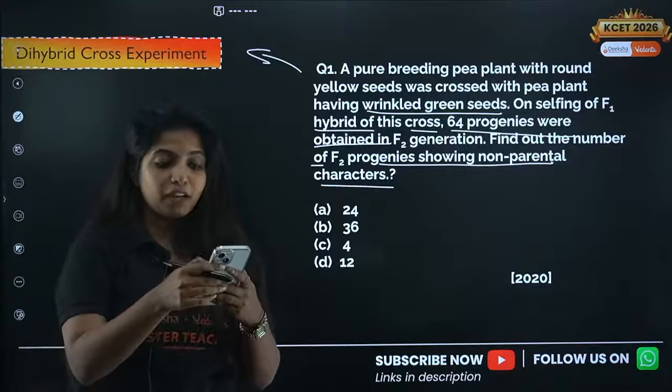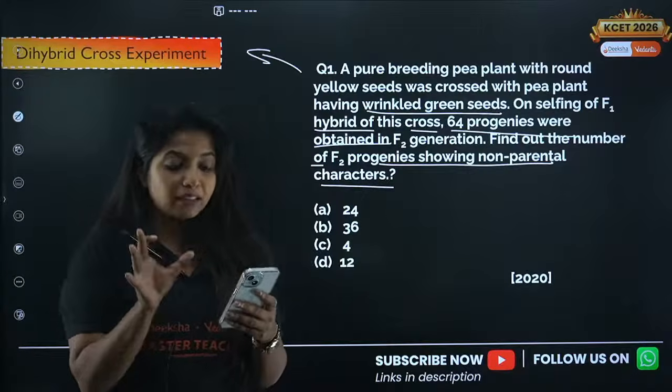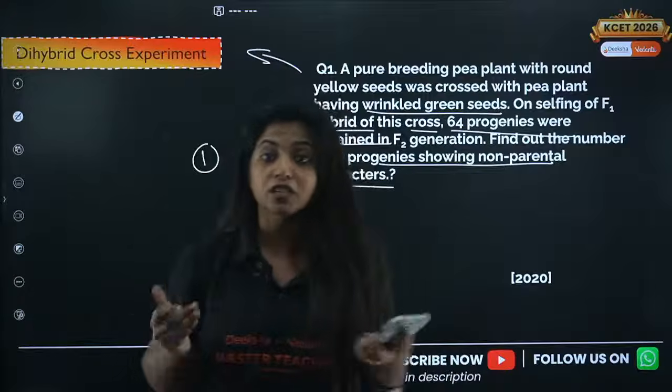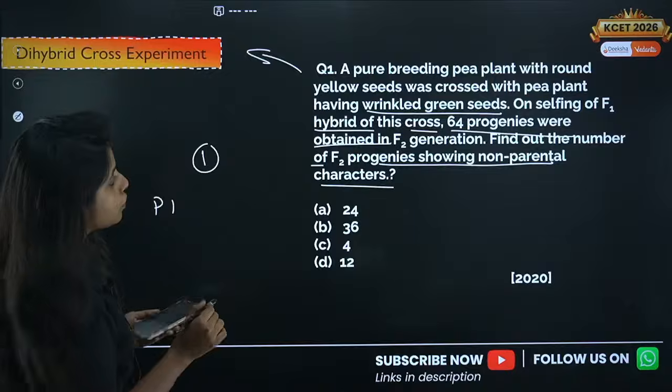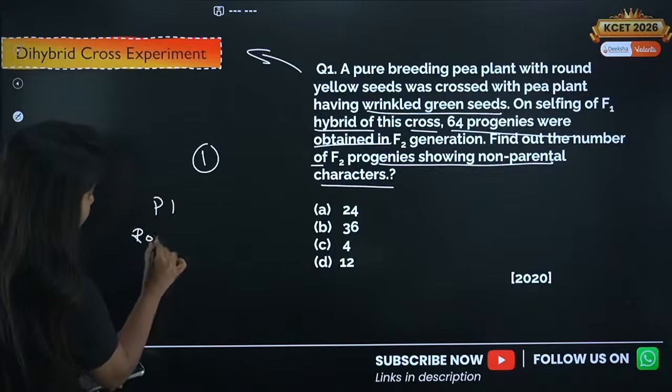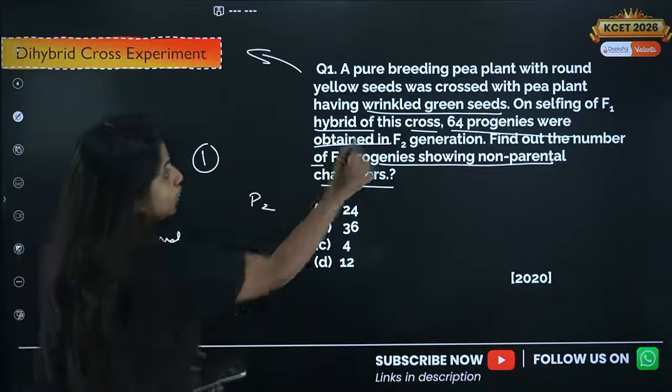What do you mean by non-parental characters? Non-parental means the character is not found in the parents. It is pretty much new. So in parent 1, what character did we see? We saw round and yellow. In parent 2, we saw wrinkled and green.